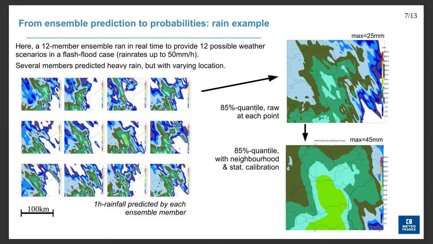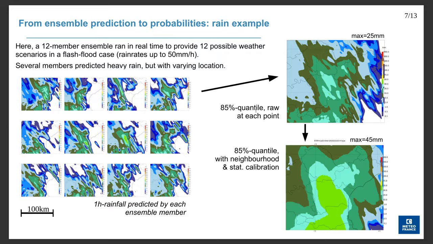So to avoid this damping of the signal, it's necessary to do more clever processing of the ensemble output, typically neighborhood methods. Here, in the example on the bottom right, we have applied a max neighborhood over a small radius, plus statistical calibration to remove ensemble biases, and that provides a summary of the ensemble prediction with the more or less correct amplitude and location of the hazardous area.